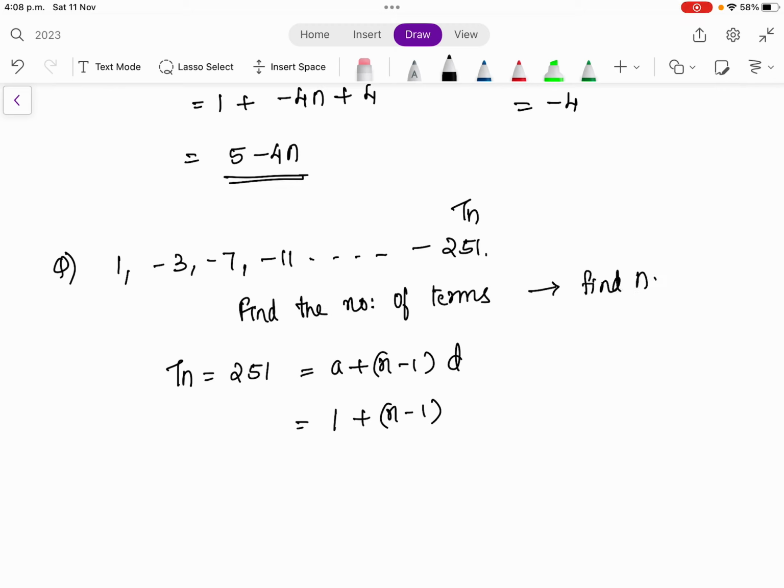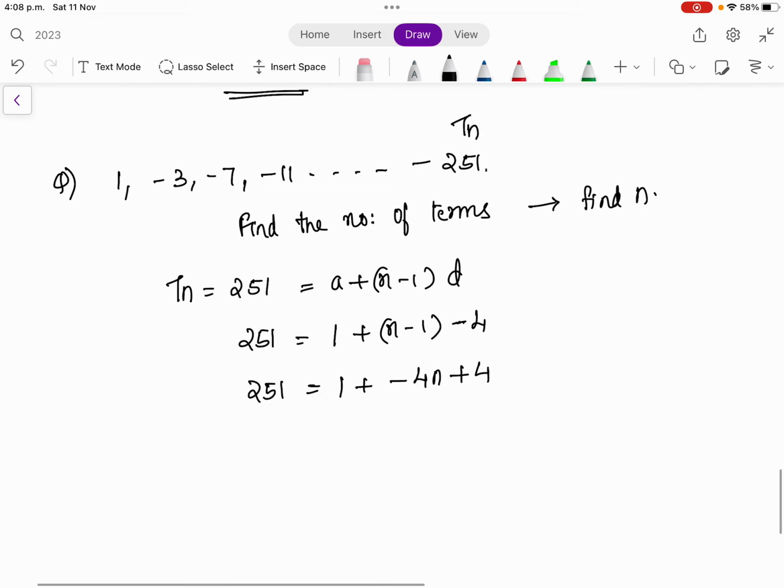So a is 1 and d is minus 4. So minus 251 is equal to 1 plus (n minus 1) times minus 4. So that is equal to 1 minus 4n plus 4, and minus 251 is equal to 5 minus 4n, and 4n is equal to 256.